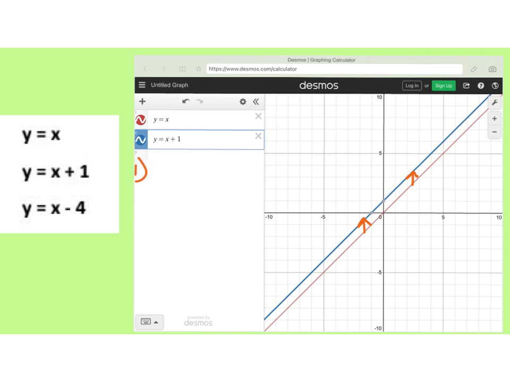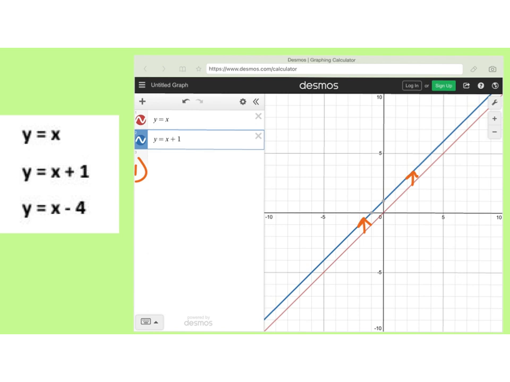You may want to sketch these graphs if you need to, or snap a screenshot or picture or something so you have a reference for this. So if adding 1 shifted the graph up 1, what do you think is going to happen when we subtract 4? Oops. Y equals x.